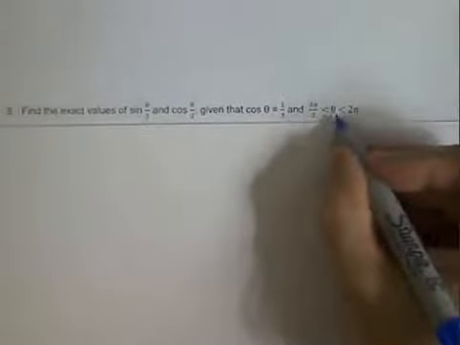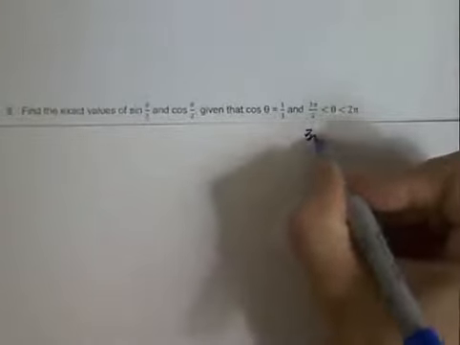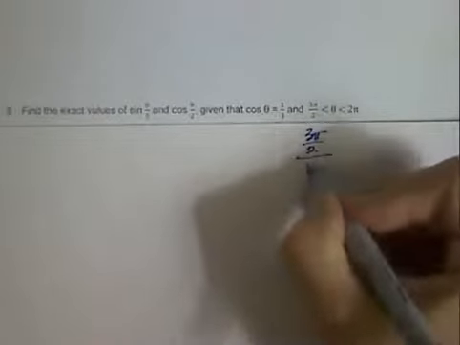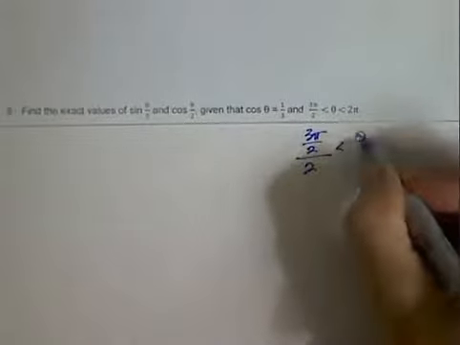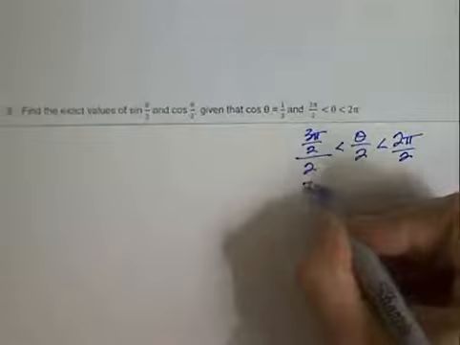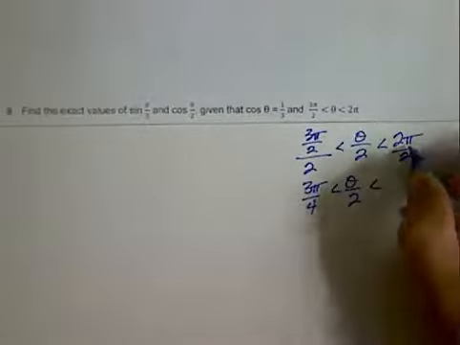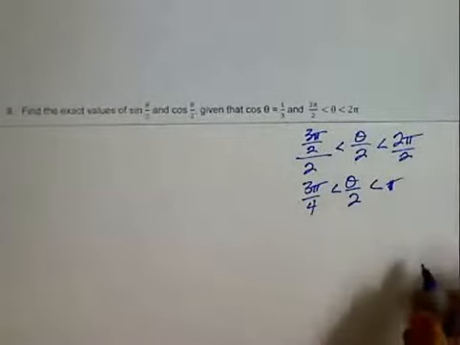If we want to figure out theta over 2, we can just take this inequality and divide all three parts by 2. If we divide 3 pi over 2 by 2, and theta by 2, and 2 pi by 2, that's going to give us 3 pi over 4. And on this end, it's going to give us pi.